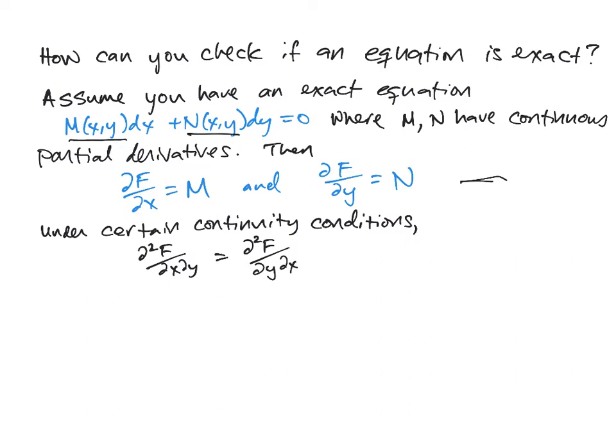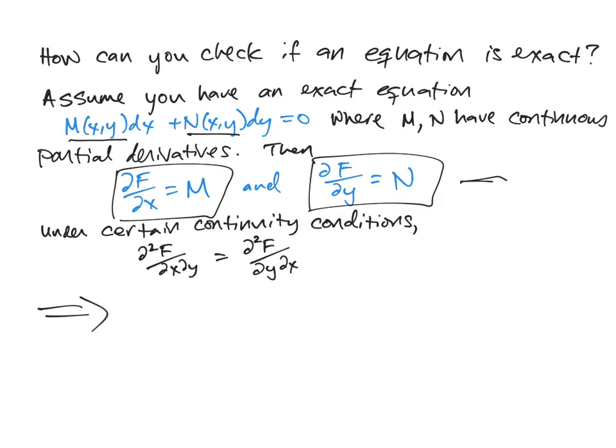If I take this one and take the derivative with respect to y, that should be the same thing as taking this one and then the derivative with respect to x. So if our mixed partials are equal, that implies dm dy equals dn dx. So if our equation is exact, then this holds.